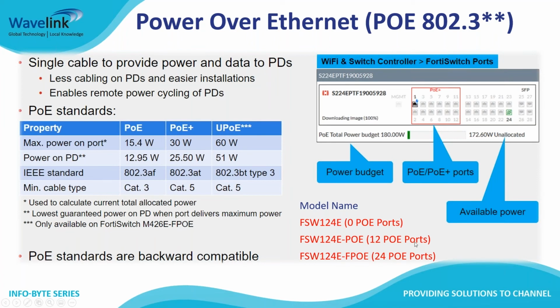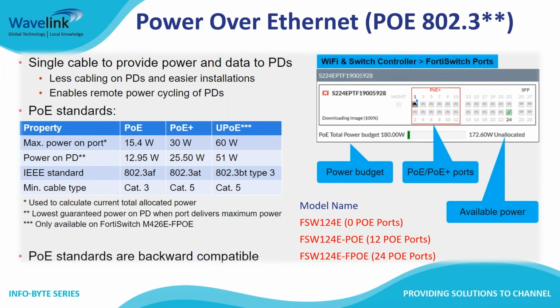Now this gets a little complicated when it comes to the F series, the latest model. Now you still have the same names, 124F, 124F PoE, and 124F FPoE. Now, earlier this meant there were dedicated PoE ports and non-PoE ports.